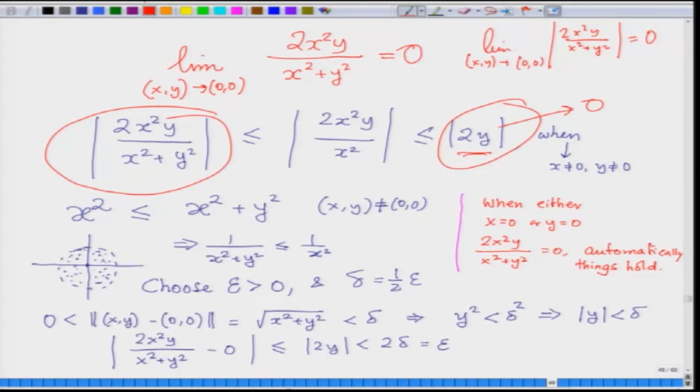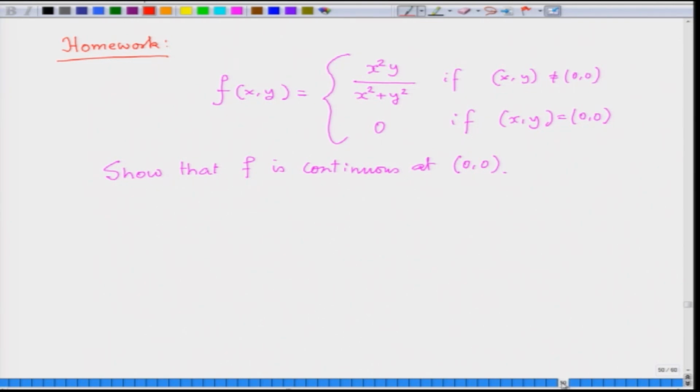If you have a continuous function, a very important criterion about a continuous function is this: the limit of f(x) as x tends to x0 is f(x0).